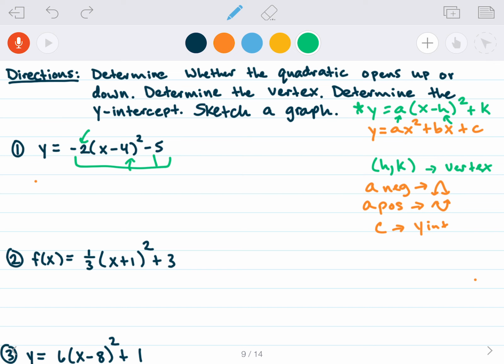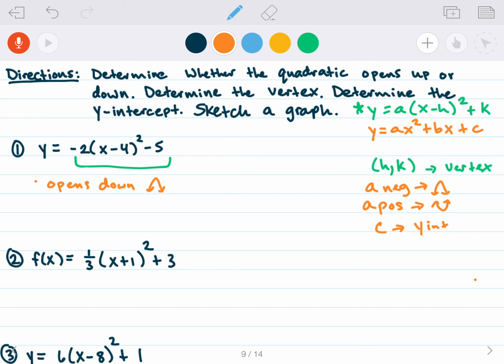So this guy is in vertex form, and we said that if a is positive, it opens up, but if a is negative, it opens down. a, in this case, is negative, so it opens down. a is -2. Maybe I'll do this in orange. So it looks like this.